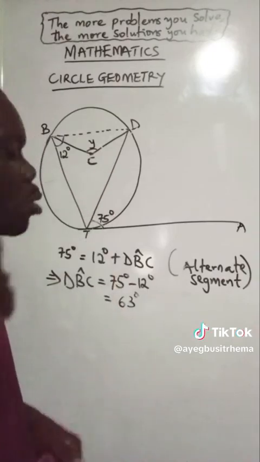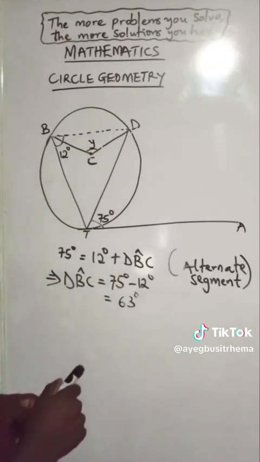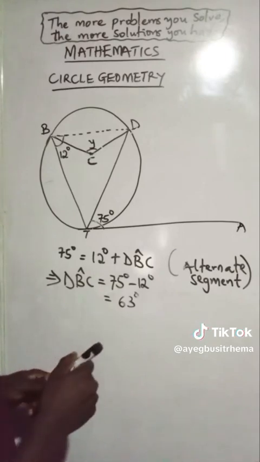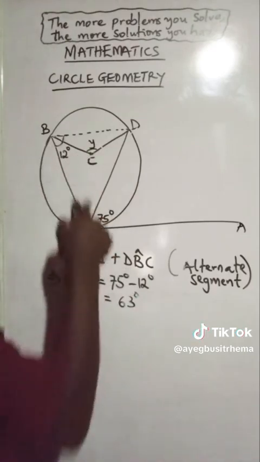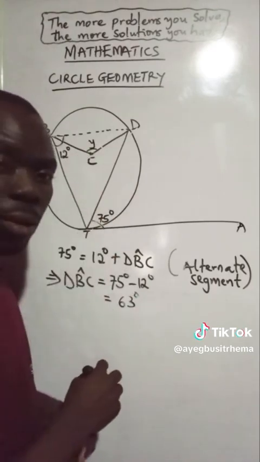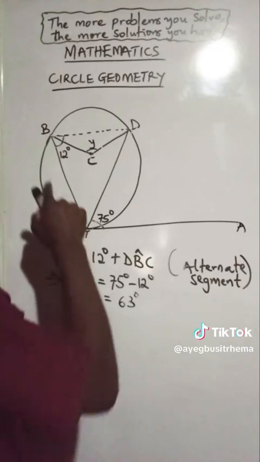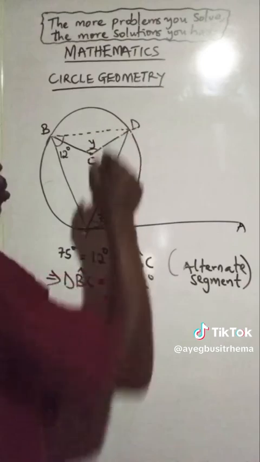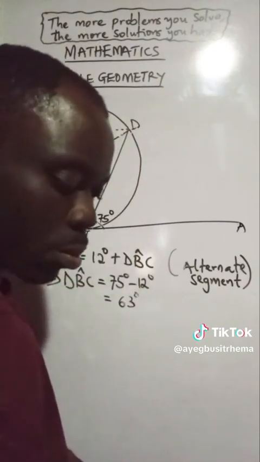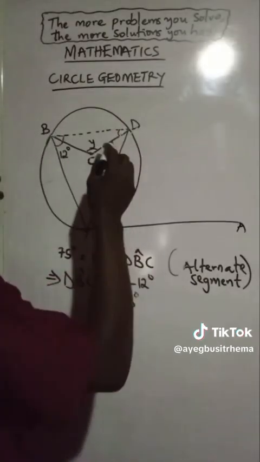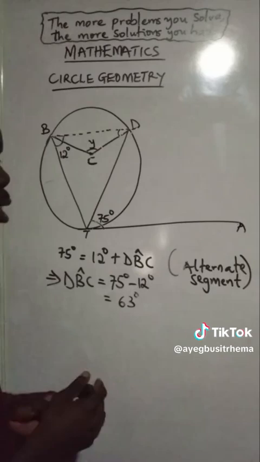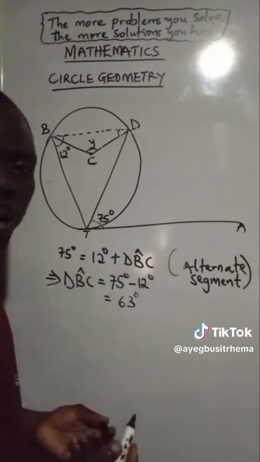Right? So now, DBC is 63 degrees. We can also say that BDC, that is this angle, is also 63 degrees. Why? That's the base angle of an isosceles.